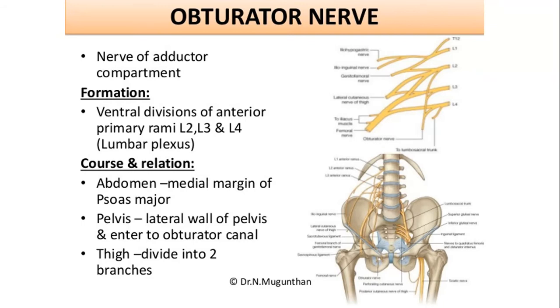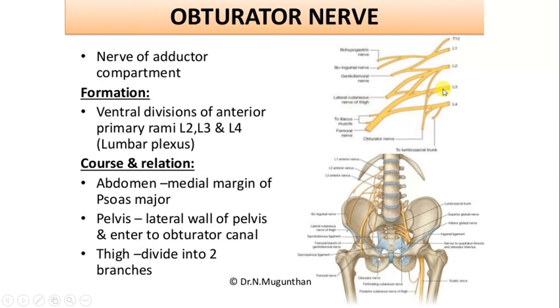The obturator nerve is the main nerve of the adductor compartment. Here we can locate the lumbosacral plexus, the lumbar plexus mainly, and here is the sacral plexus. It is formed from the ventral division of the anterior primary rami of L2, L3, L4.